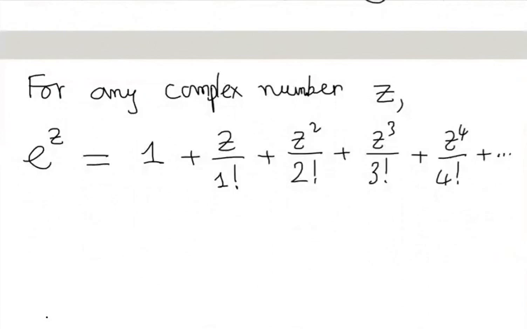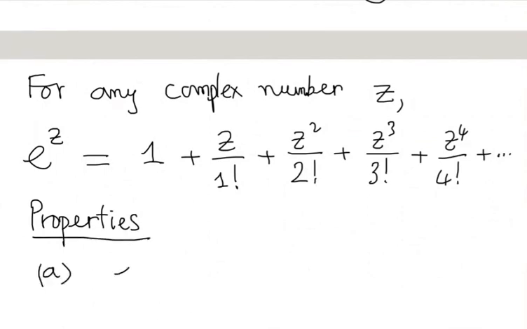And it turns out the properties of exponentials hold. For example, if we look at e to the 0, then you see that when z equals 0, you plug in here, everything is 0 except the first one, which is 1.